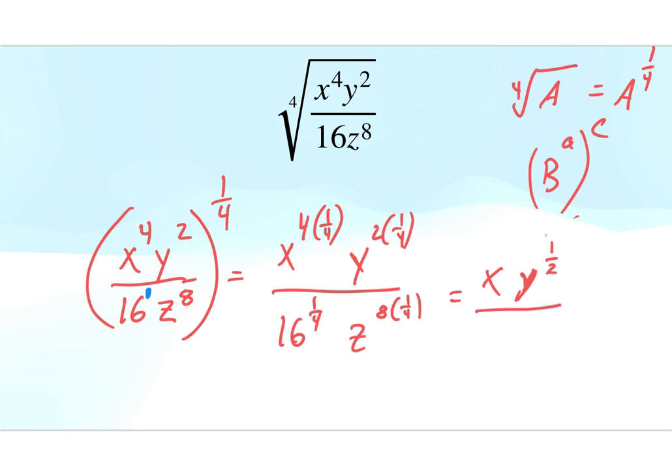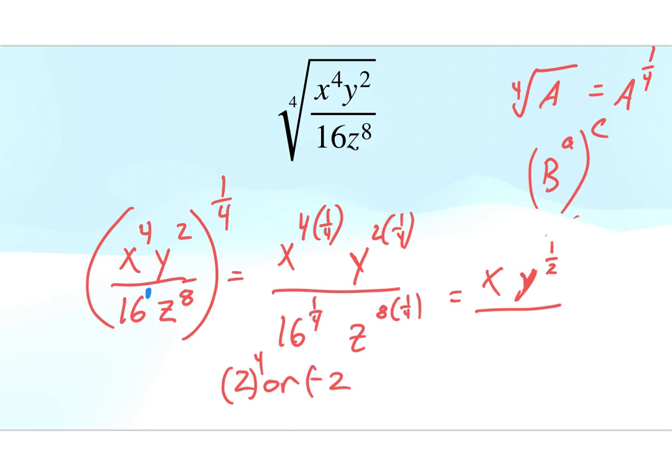16 to the 1/4. Is there a number that I can multiply by itself 4 times to get 16? 2 times 2 is 4, times 2 is 8, times 2 is 16. So the fourth root of 16 is 2 or -2. Again, because if I take 2 to the fourth, I will get 16.